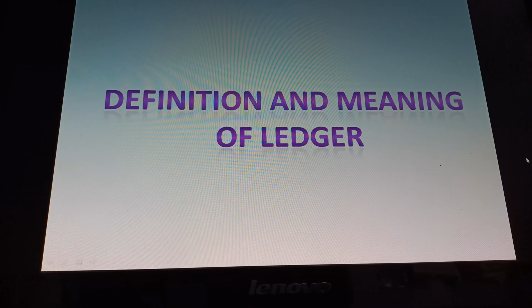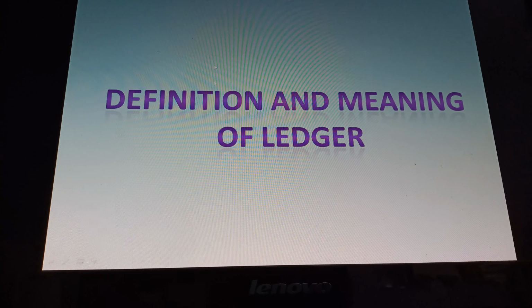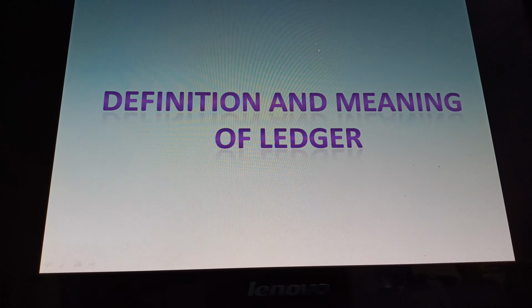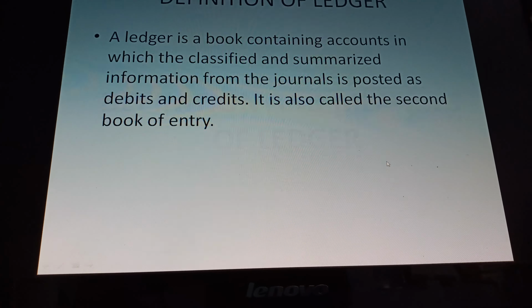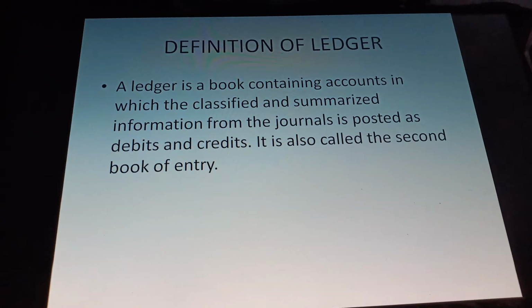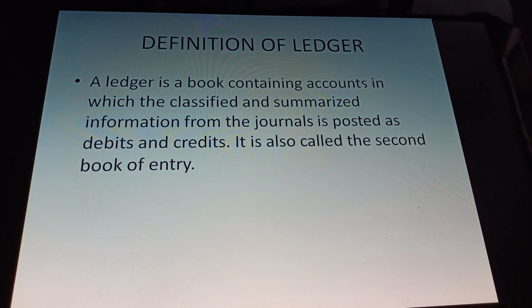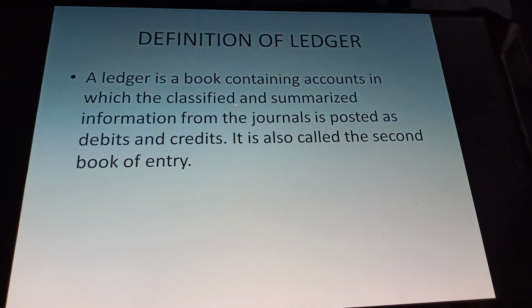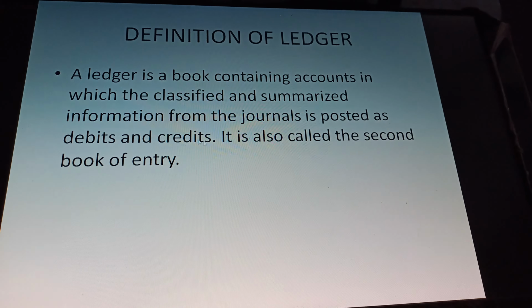Okay. First of all, we will learn the definition and meaning of ledger. Before starting the problems, we will learn the theory part of the ledger. Okay, here is the definition of ledger. A ledger is a book containing accounts in which the classified and summarized information from journal is posted as debit and credit.